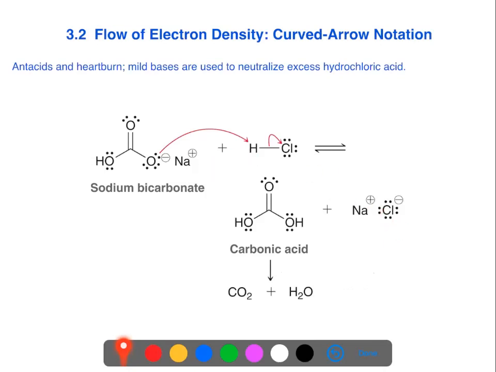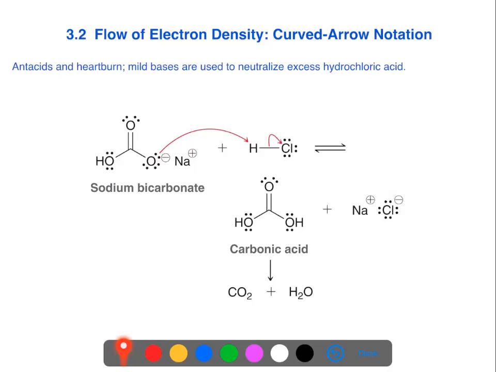And so again, this is a proton transfer reaction whereby HCl is your proton donor and the bicarbonate ion is your proton acceptor. And again, we see that it's the electron flow from a lone pair on oxygen towards the hydrogen atom, which will be transferred as a proton, because both electrons in this covalent HCl bond will reside on the chloride ion as a side product.